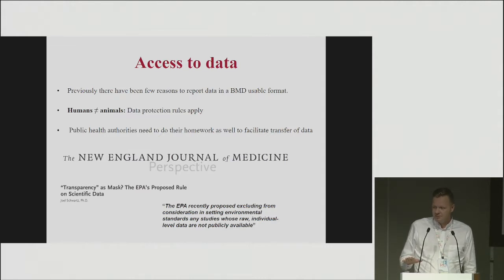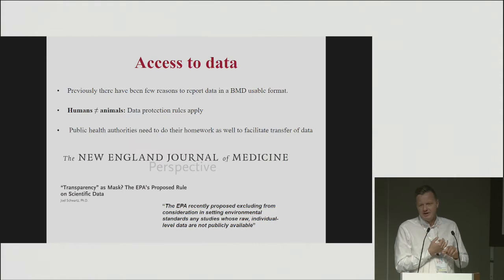On the individual participant data, from a statistical point of view, I can't see a logical argument why you would need individual participant data. If you need individual participant data, then you also have to do your homework, because animals are not humans, and animal welfare does not cover the health of the animals and their private information yet.